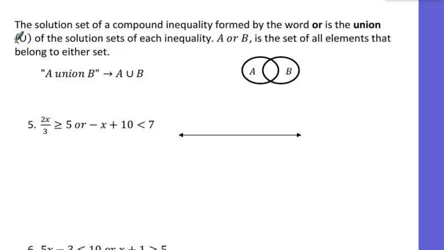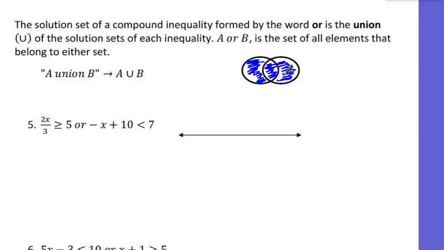The symbol is the U, and we see A union B. That's how we read this, A union B. So it could be anything that is common to both, or just A, or just B. So anything in this Venn diagram would be acceptable. So we will include all portions of the answer that we get.